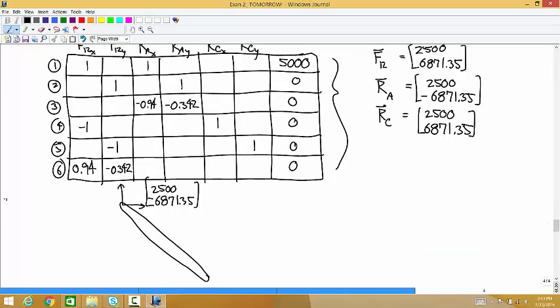At the other end, we have 2,500, 6871.35, plus that 5,000 Newton vector in the negative x direction. So when you add those two up, you get negative 2,500, positive 6871.35.